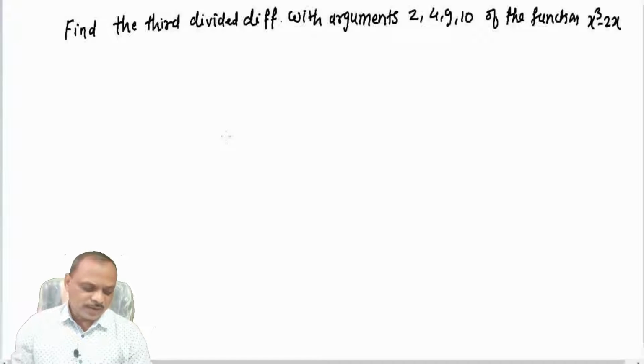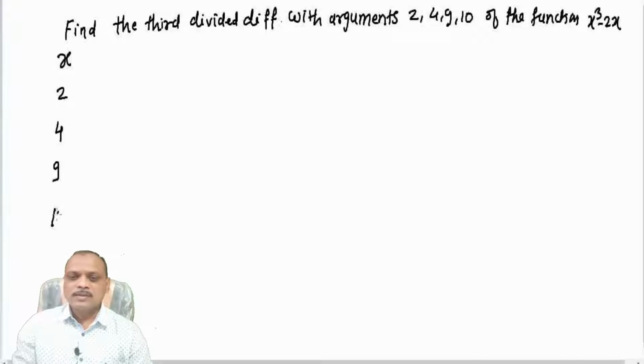Values of x are 2, 4, 9 and 10, and the function is f of x equal to x cube minus 2x. Then for x equal to 2, the values of f of x will be 4, then 56, then 711 and 980.